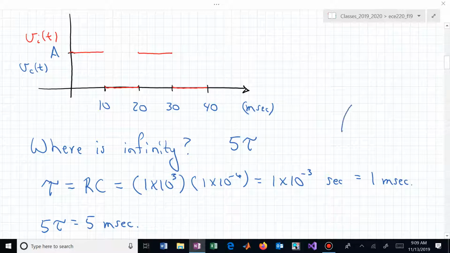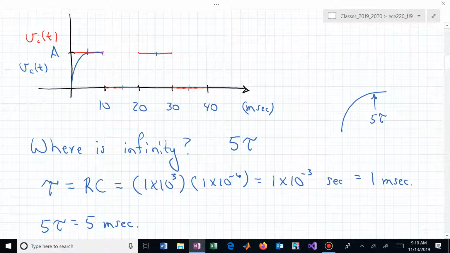Isn't that just this exponential shape? And it's finished by 5 tau. So now we say, oh, we're just halfway between each of those 10 millisecond intervals. We say, oh, by 5 milliseconds, we're now finished.